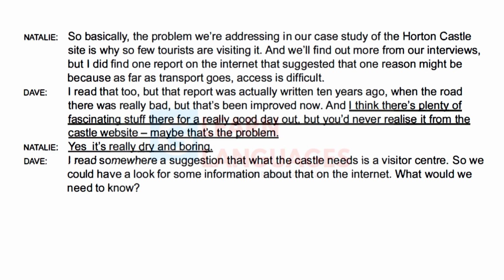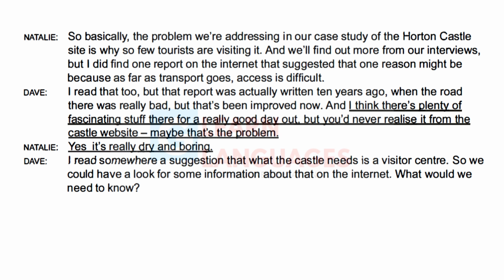So, basically, the problem we're addressing in our case study of the Horton Castle site is why so few tourists are visiting it. And we'll find out more from our interviews, but I did find one report on the internet that suggested that one reason might be because, as far as transport goes, access is difficult.